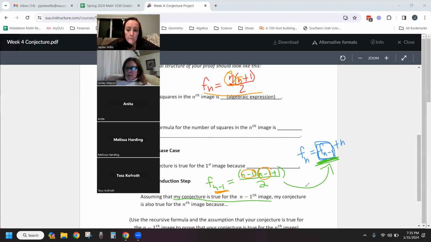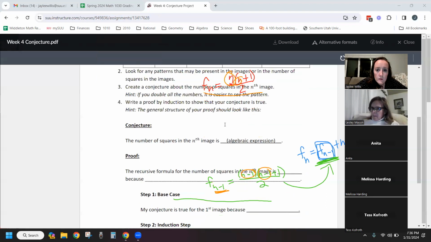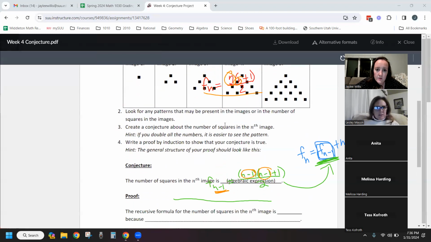That blue is the recursive formula? Yeah, so when we first started looking at the pattern, we found that to get to the third one, you take the number of squares in the second one. Let me scroll up a little bit so I can point at it. Oh, dang it, I didn't know my annotations would move too.